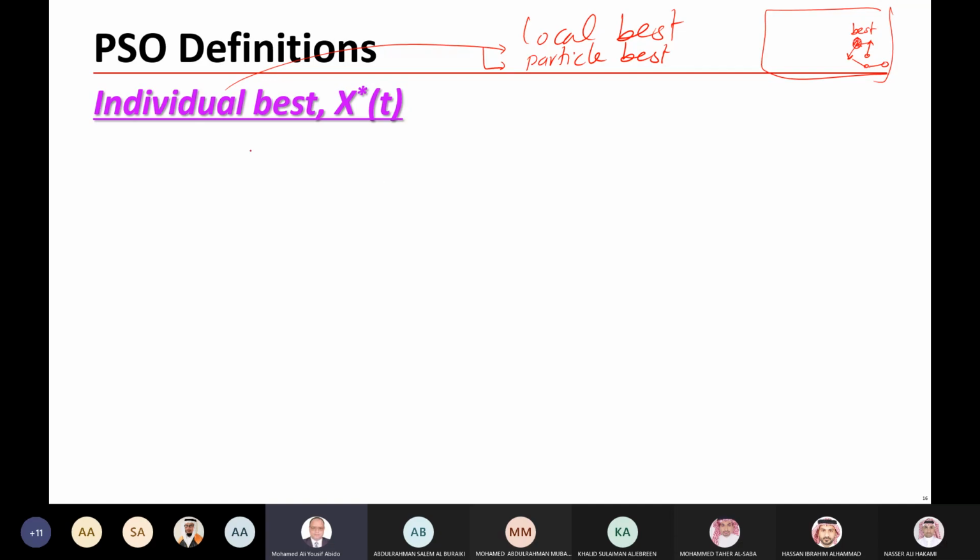Okay, its best position. This is the individual best, or local best, or particle best. And if you have 50 particles, each particle remembers its best position. So you have 50 individual bests, or 50 local bests. Each solution or each particle will remember its best position, which we call particle best, or local best, or individual best.